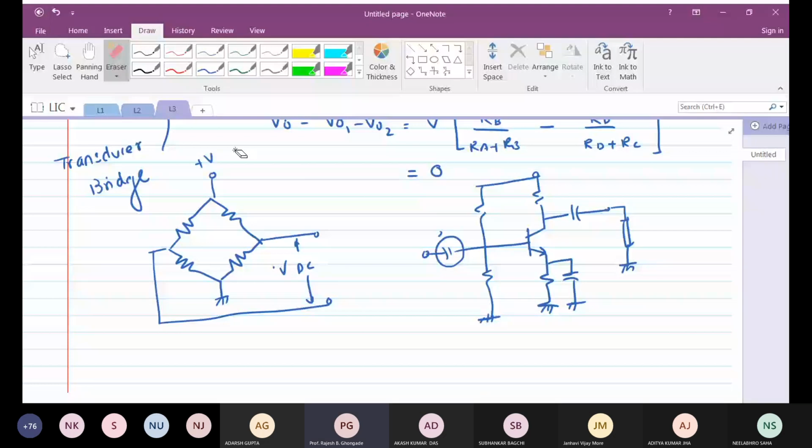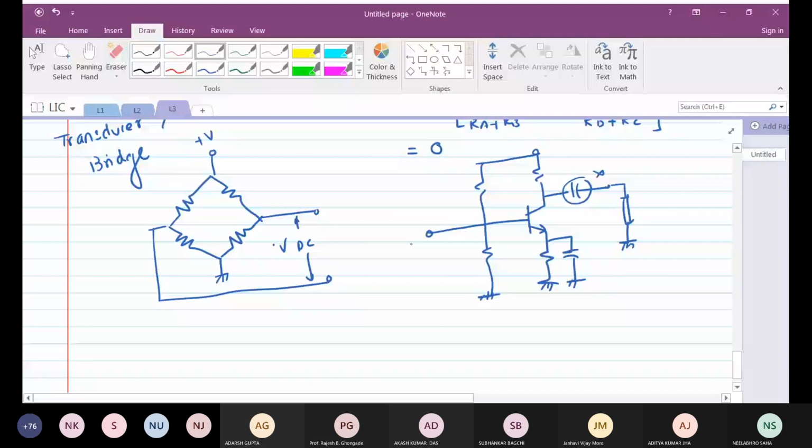This also has to be removed. Well, we'll not talk about it at this point of time. But now, how to connect it? Should I connect it like this? Should I connect it like this? Will this work? Guys, tell me.